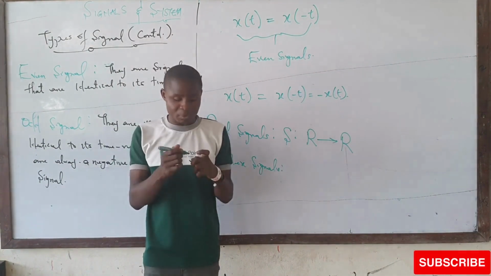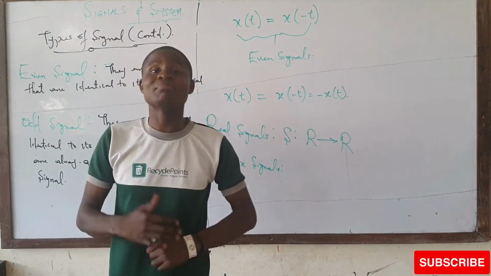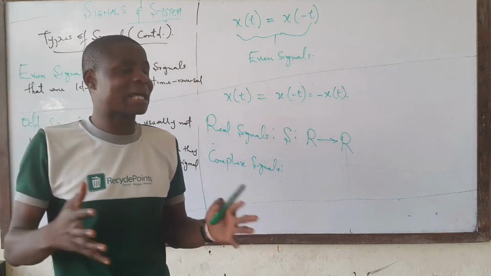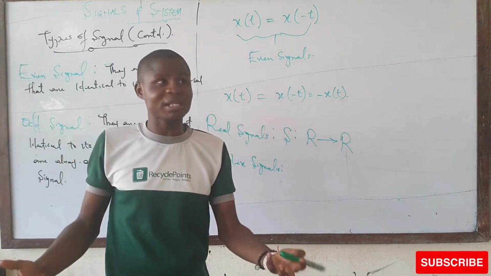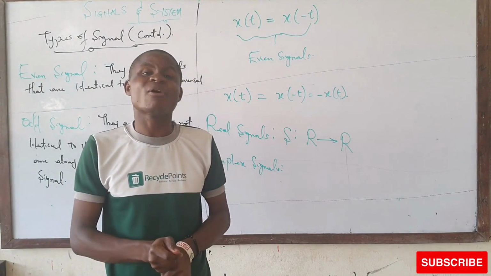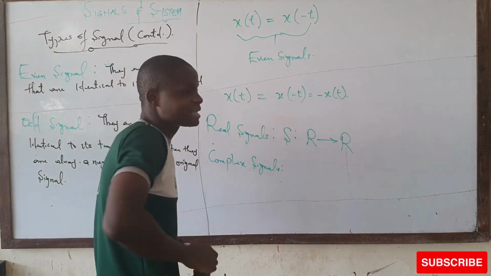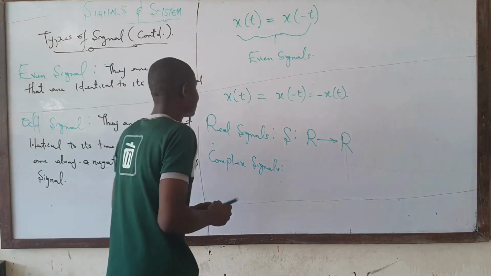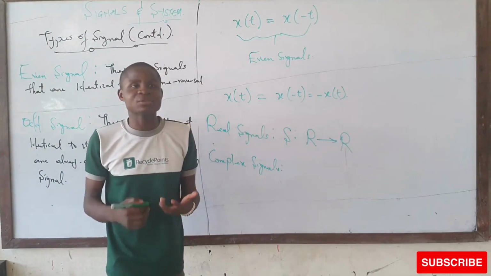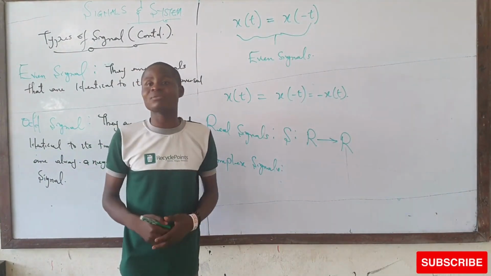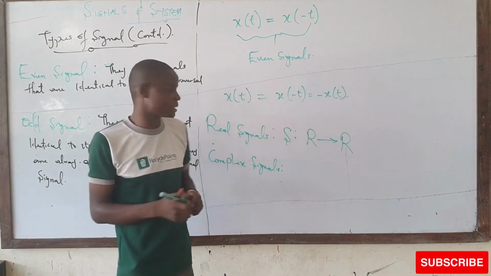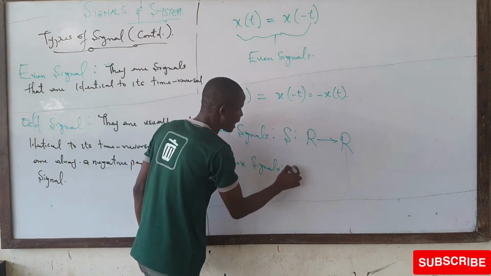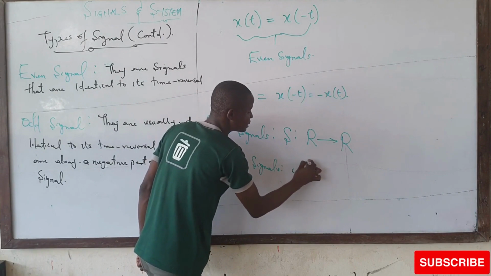Unlike real signals, let me also say that in most systems, what you always see is oftentimes a complex signal. The reason is that complex signals are easy to achieve, because most of our signals are either cosine or sine, and they are sinusoidal. So complex signals are always signals represented in this form.